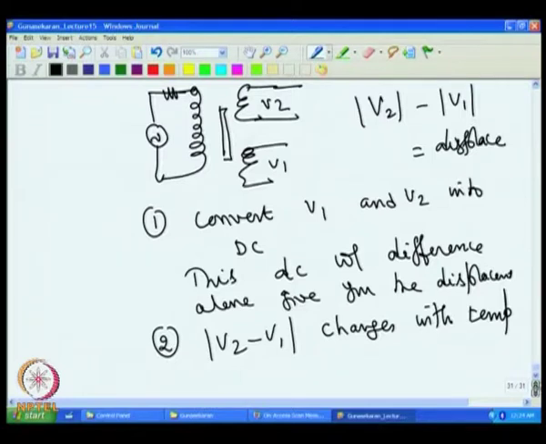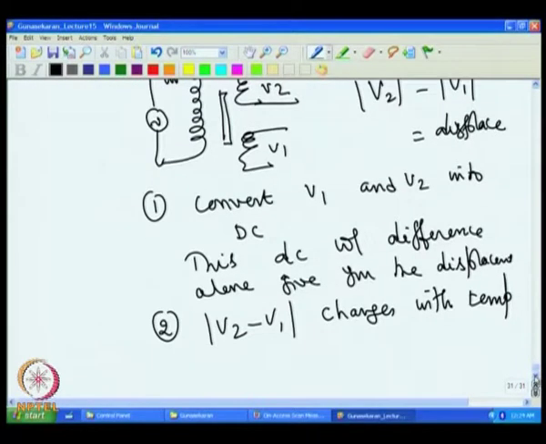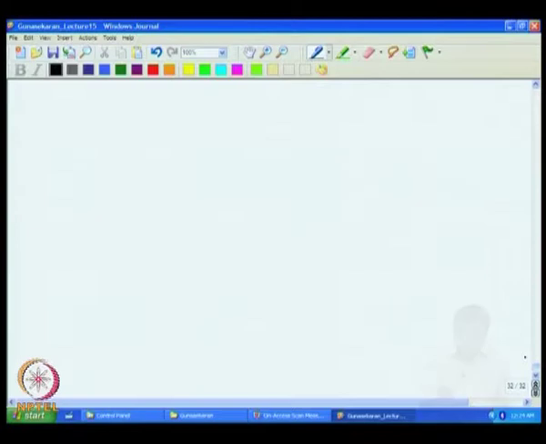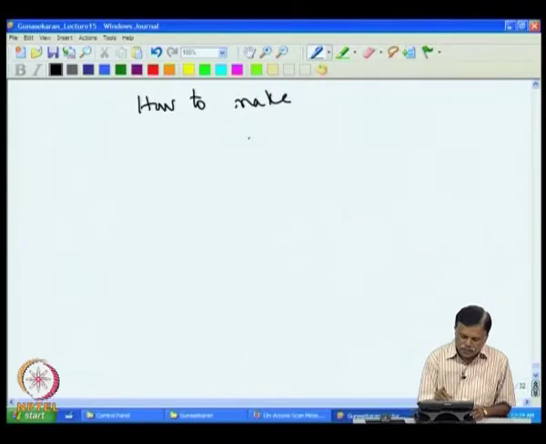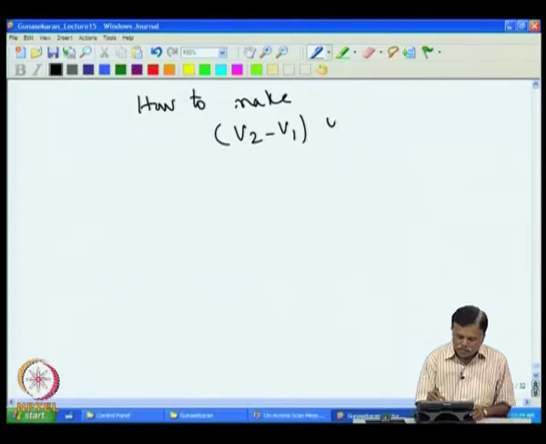So, we solve this problem first, then we see how to make V1 minus V2 DC, and then the DC voltage must drive a current source, more like a 4-20 milliampere current transmitter, which also needs to be built along with the LVDT. So, the first step would be how to make V2 minus V1 independent of temperature.